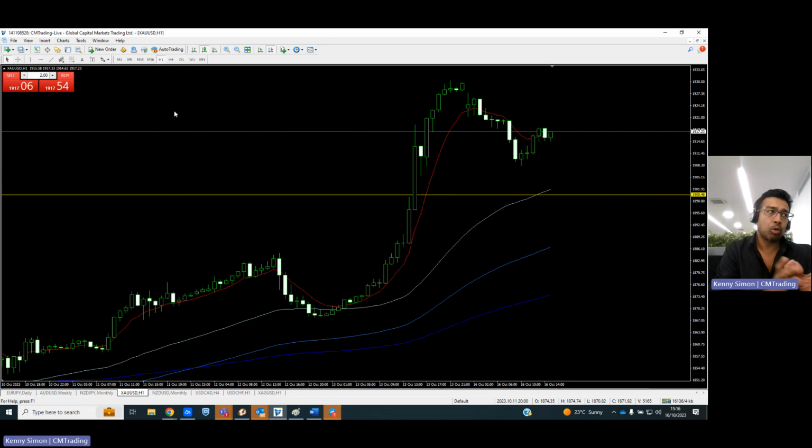Okay, so at this moment of time, I'm just doing a trend analysis. A trend analysis is really key for you to understand where we are at in terms of trend. And once you've done a trend analysis, then we need to do a trend strength analysis using the average directional movement index, or the ADX as it's called.